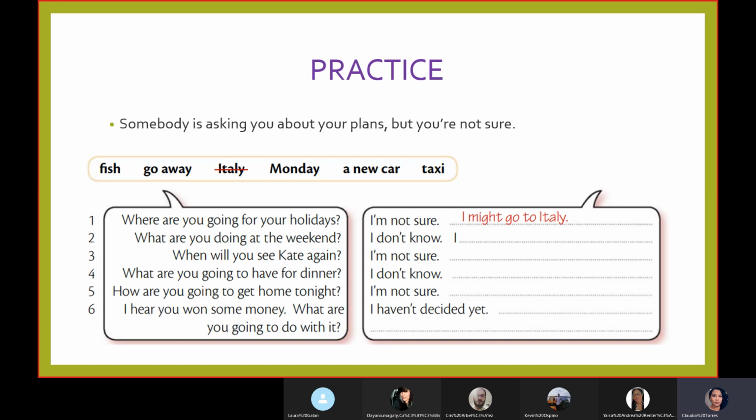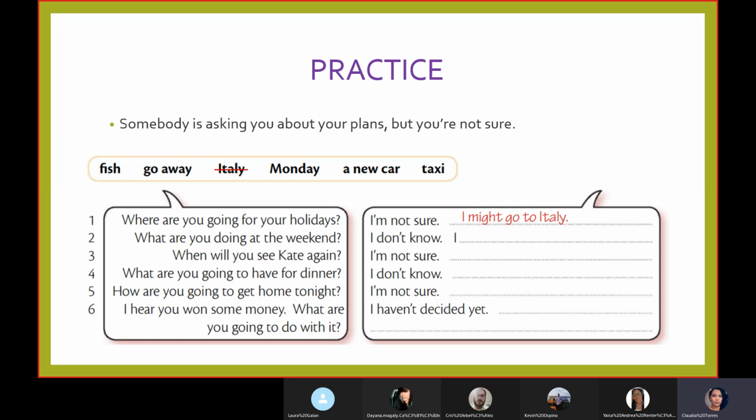Now, if you don't want to use Italy and you want to say Spain or Paris, you can do it, okay? It's up to you. These words in the box are just a guide, but if you want, you can use your own words, okay? And what are you doing at the weekend? I don't know.